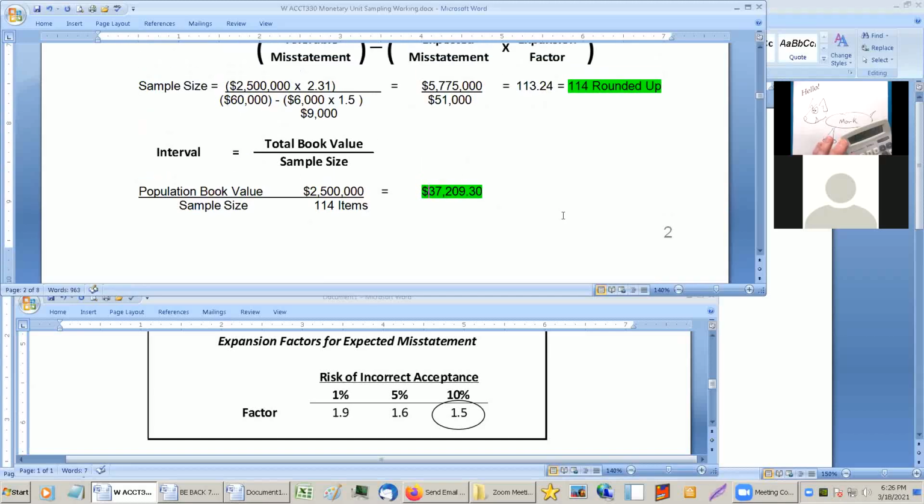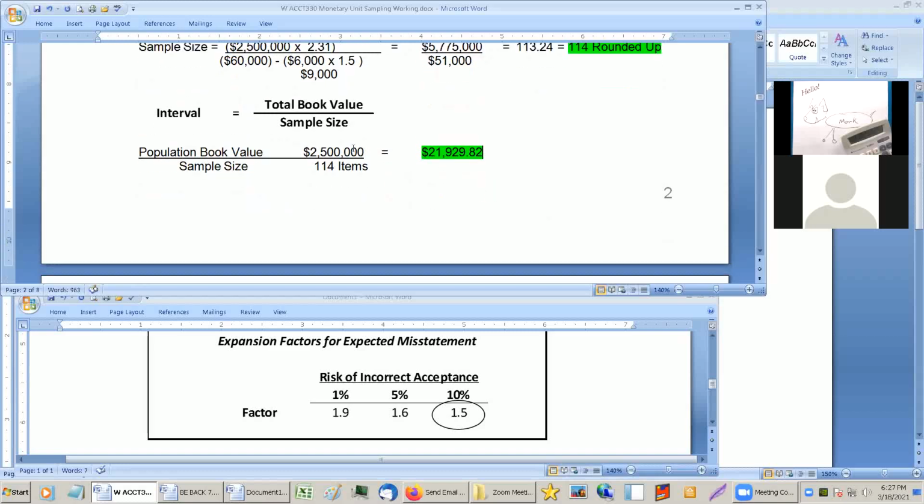It'll be close to the same. 21. I'll put it up both ways.